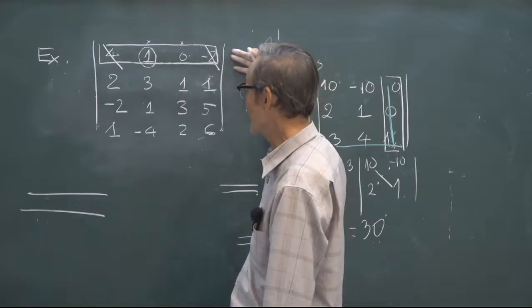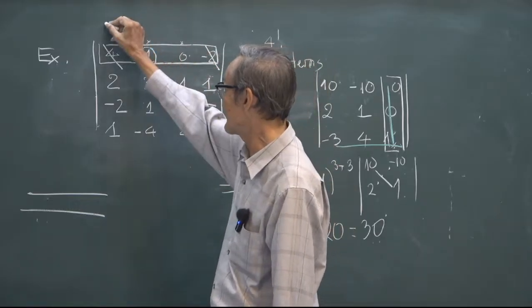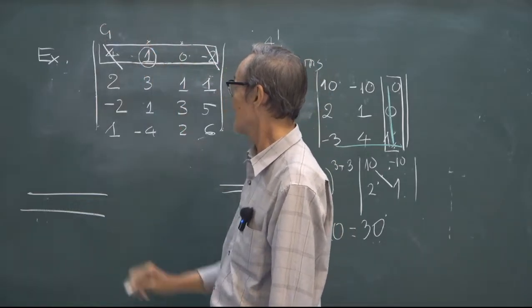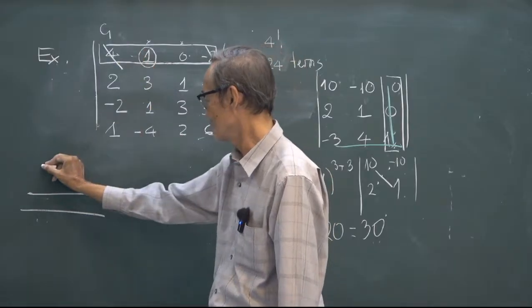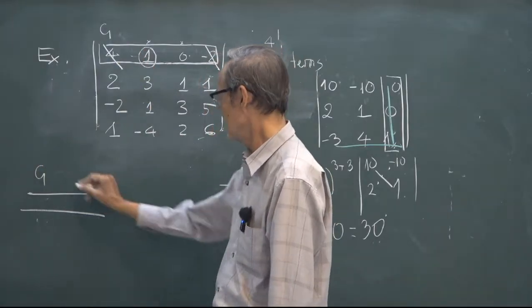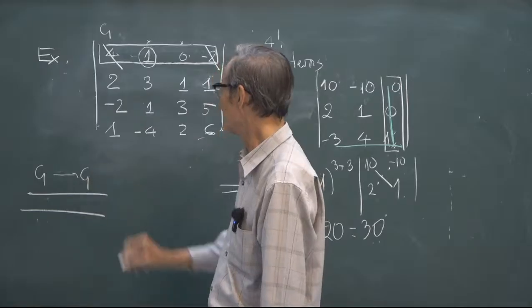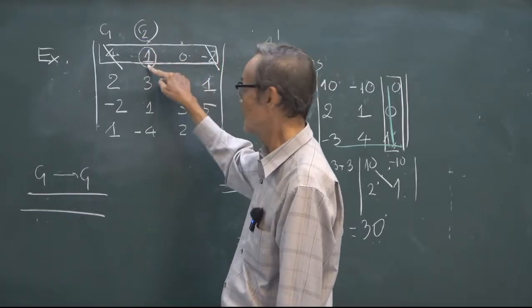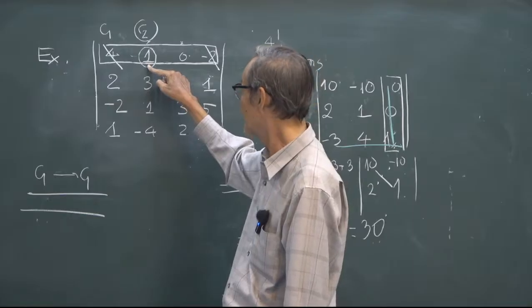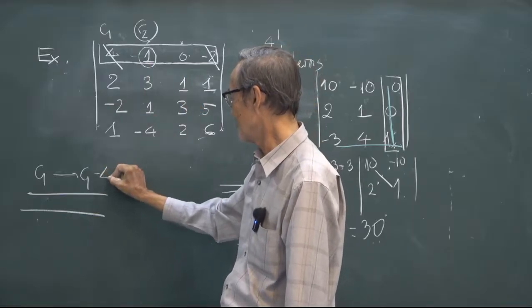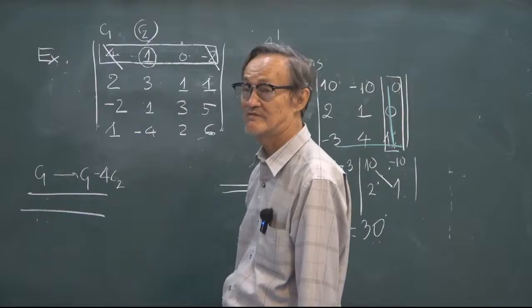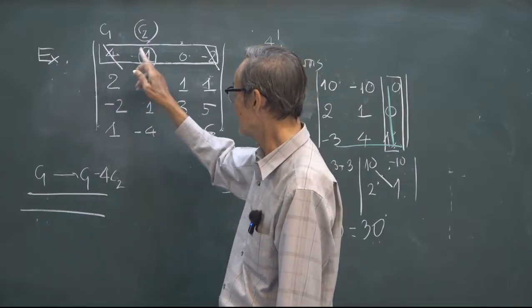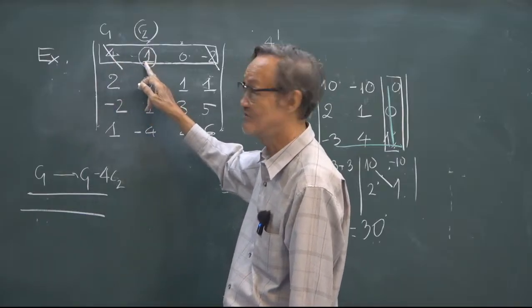Expand by rows, transform by column. Column 1 becomes 2, column 1, use column 2, which contains 1. Minus 4, column 2. 4 minus 4, this is 0.